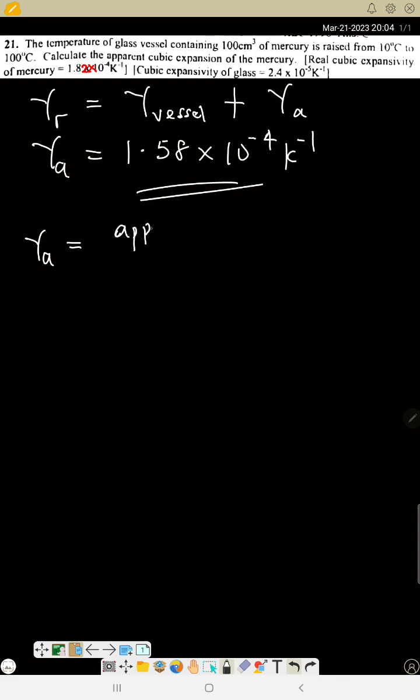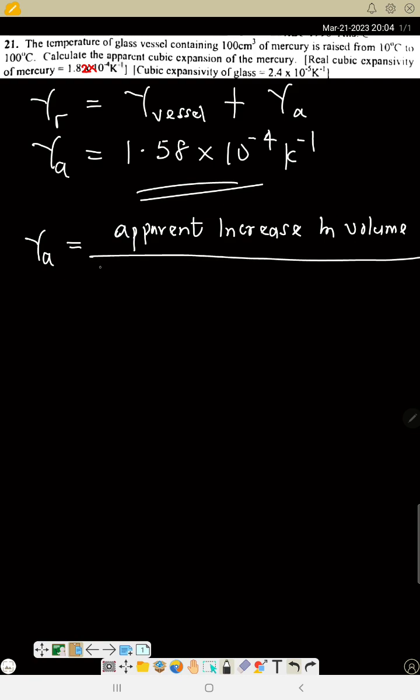apparent increase in volume divided by original volume, remember our original volume here is 100, given here, times rise in temperature.